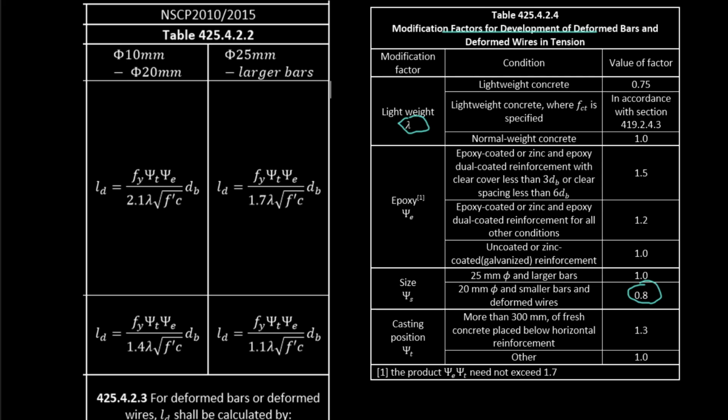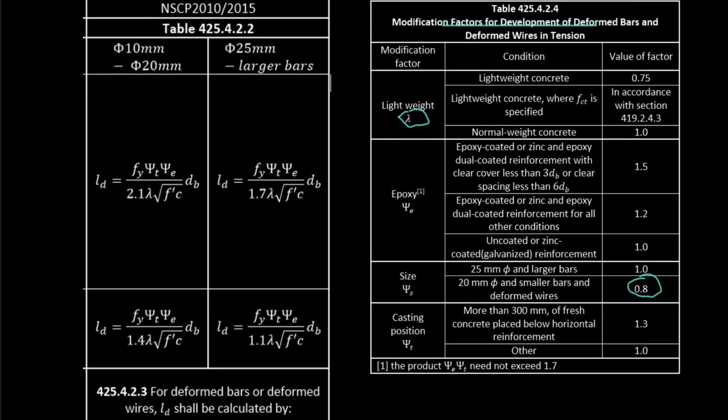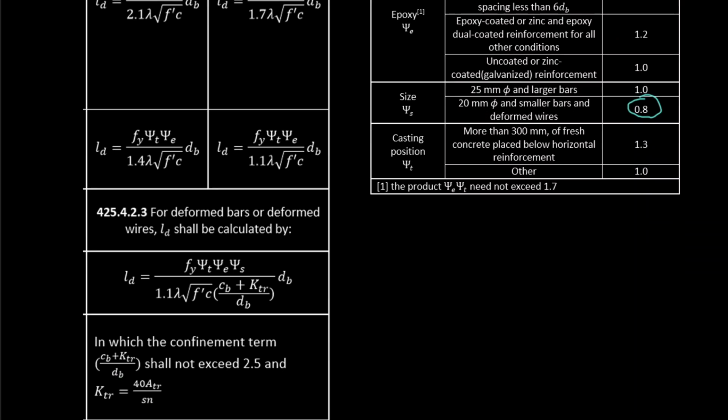At yung casting position, from the previous, some reference in reinforced concrete, lalong kay McGregor, sabi niya ito lang naman kung saan mo ilalagay yung bars mo. Kapag nasa top, gagamitin natin yung 1.3. Kapag nasa bottom, gagamitin natin yung 1.0.